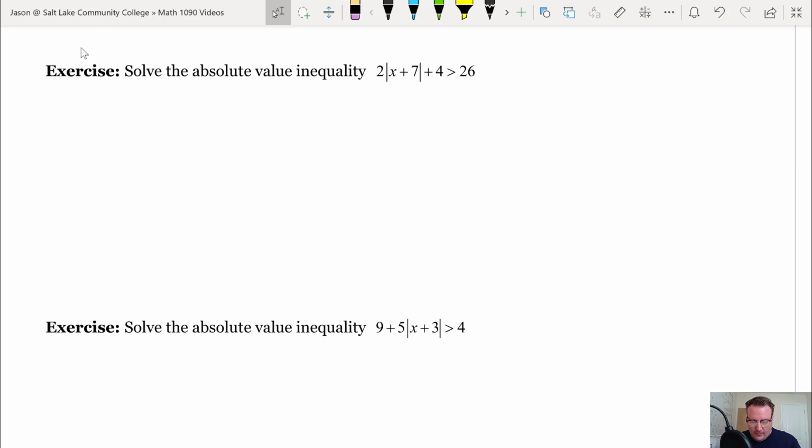Okay, so with this exercise, notice we don't have just a single absolute value expression on the left-hand side of the inequality. But that's okay. We can solve this by doing a few algebraic operations before we break it up into a compound or double inequality. So I'm just going to subtract 4 from both sides.